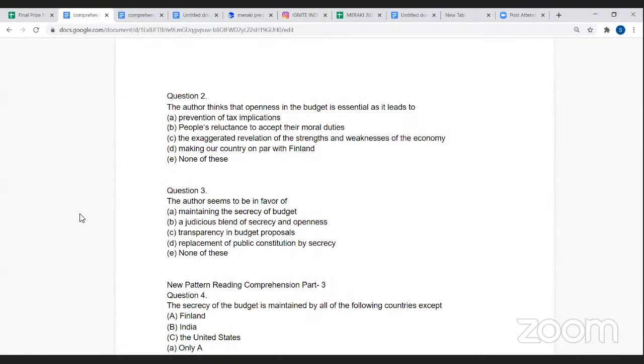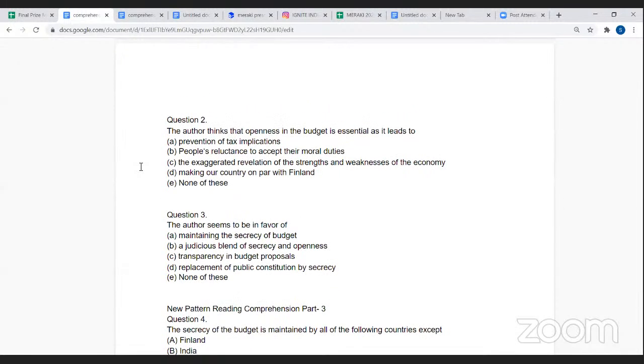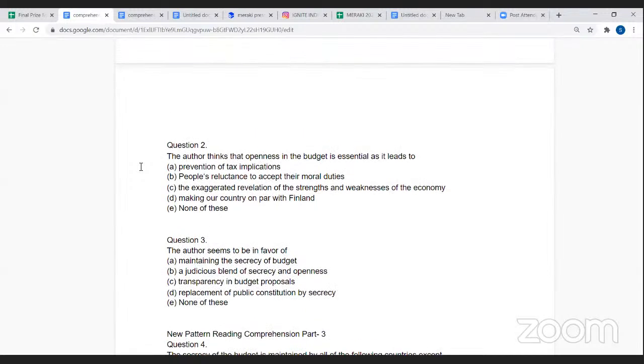Question 2. The author thinks that openness in budget is essential as it leads to... B. People's reluctance to accept their moral duties is the correct option, which is B. The author seems to be in favor of C. C is also in the scene, A is also in the scene, B is also there.